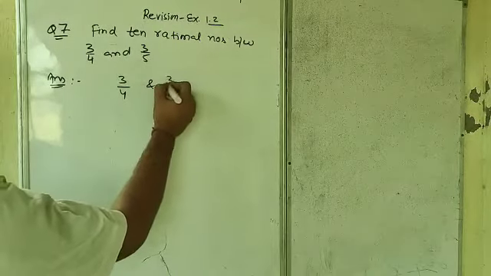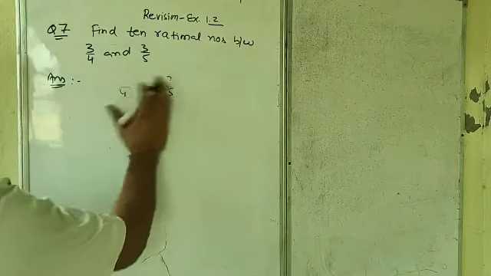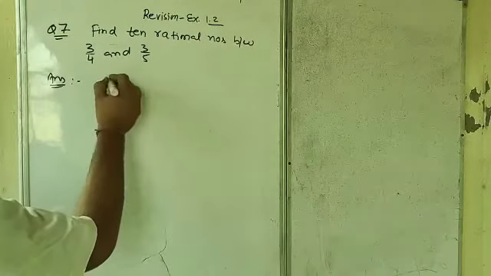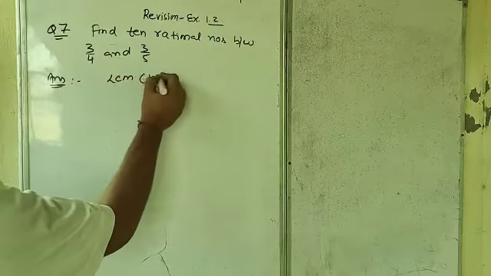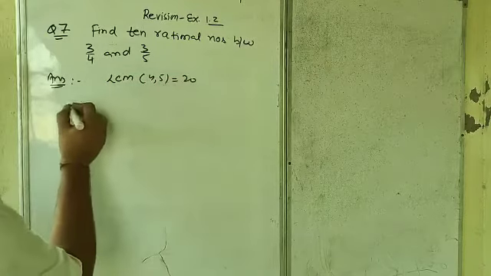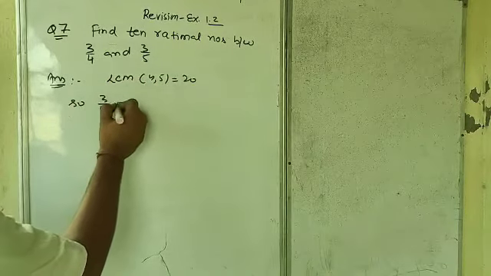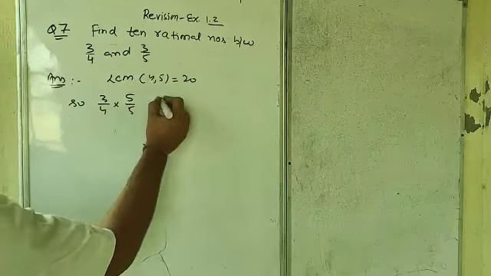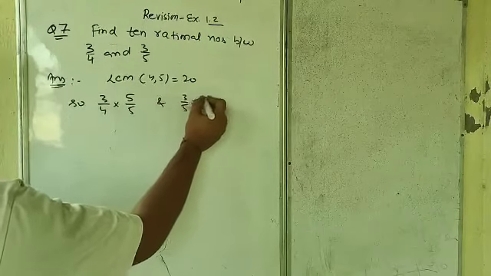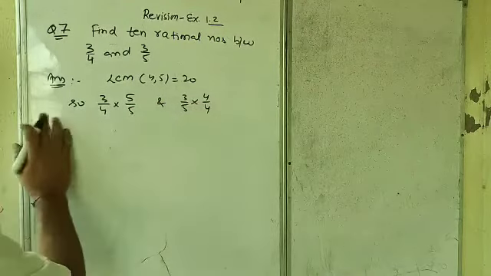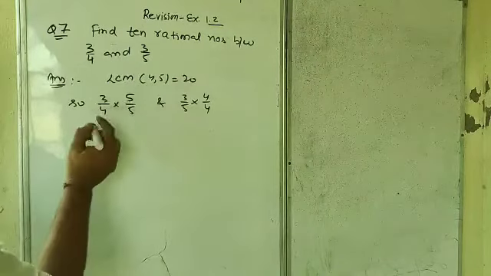So first of all, take the LCM of 4 and 5. LCM of 4 and 5 is equal to 20. So 3 by 4 multiplied by 5 divided by 5 and 3 by 5 multiplied by 4 divided by 4, because we have to make the denominator 20.